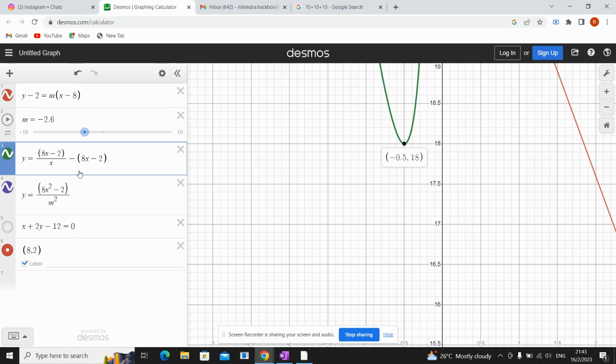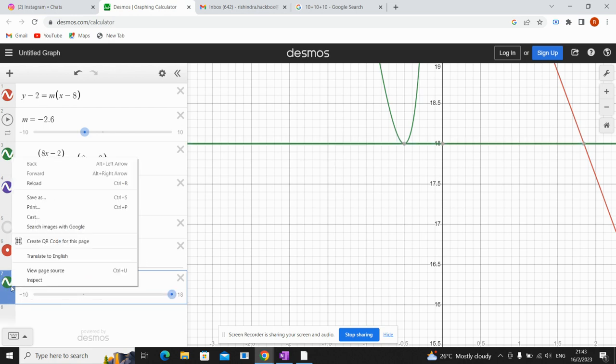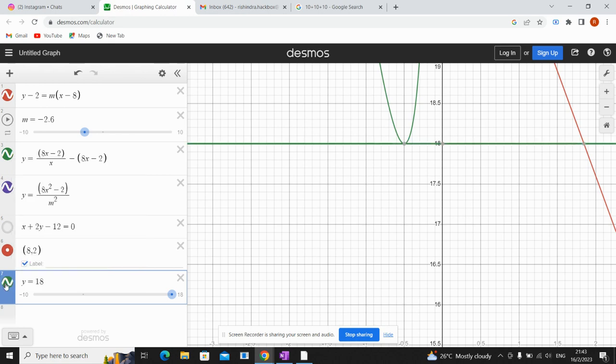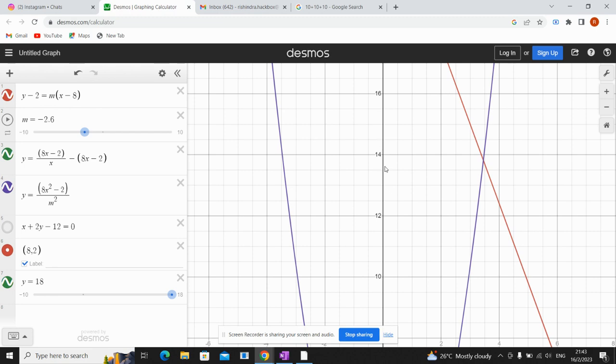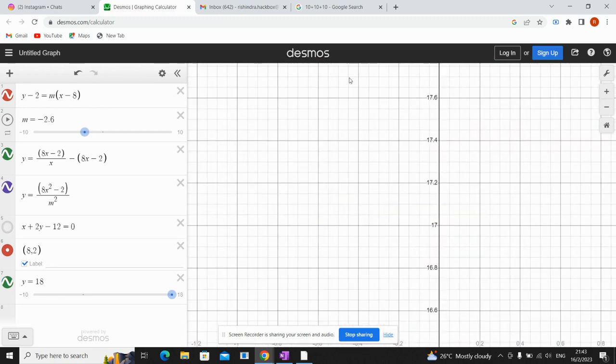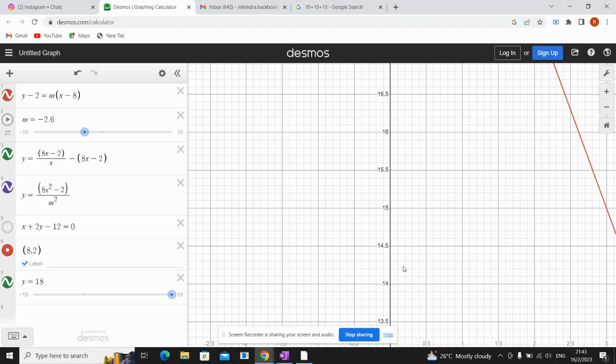this green curve, the tangent for the sum of these things is y equals 18, right? y equals 18 at this given point. Okay, at this point y equals 18, the tangent will be here. And let's see, the tangent slope is 0 because it's a horizontal line, the slope of the tangent is 0.